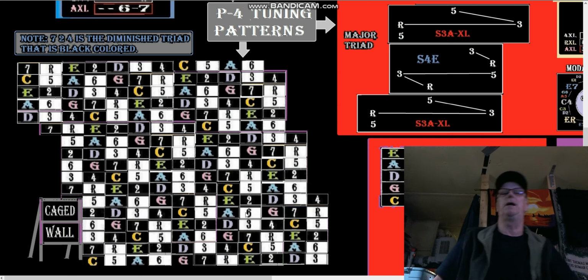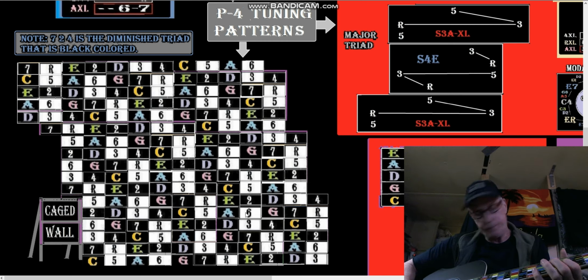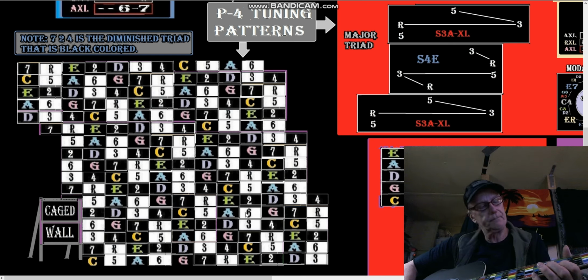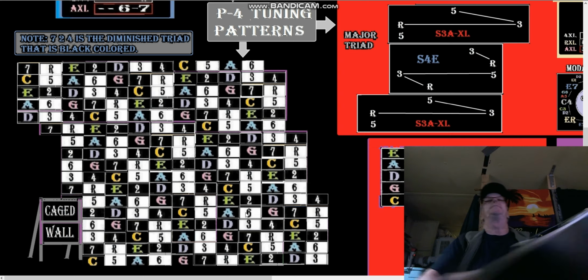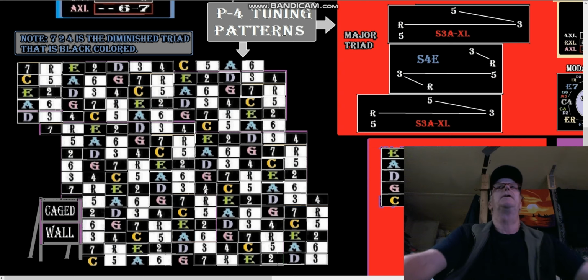If you're counting from the bottom, which is the G and the B string, there's only a third. But this is a P4 tuning diagram where you have root goes to 4 here.